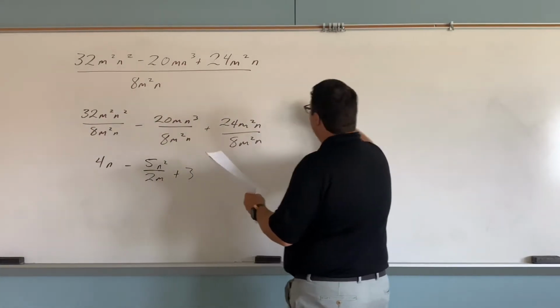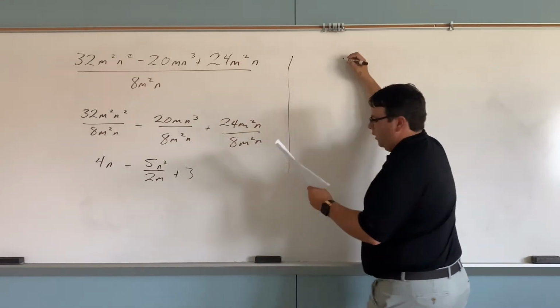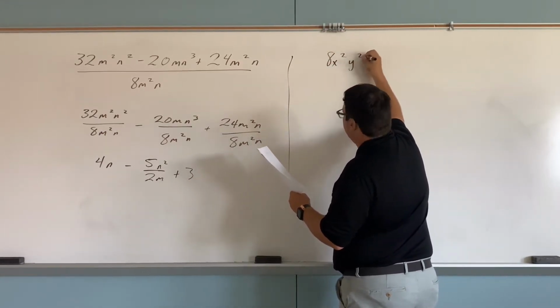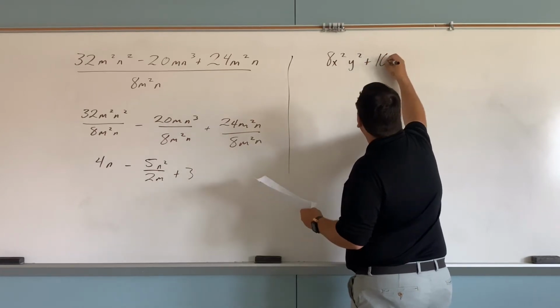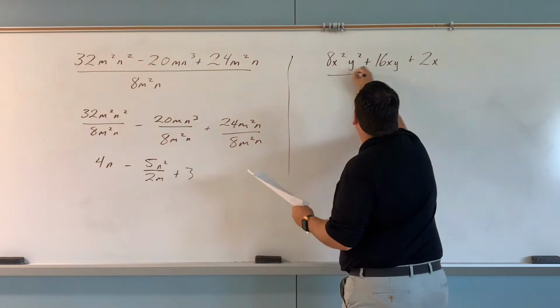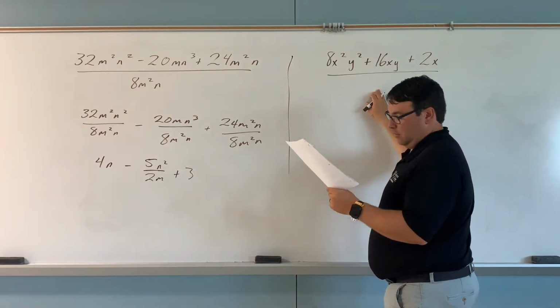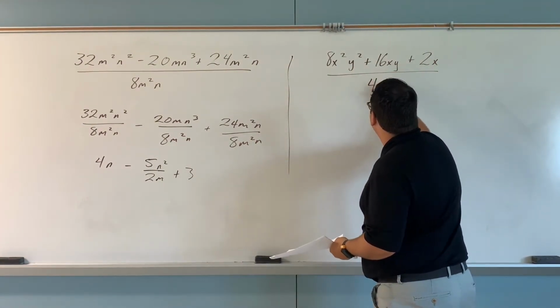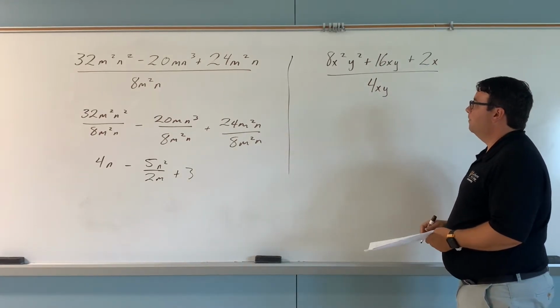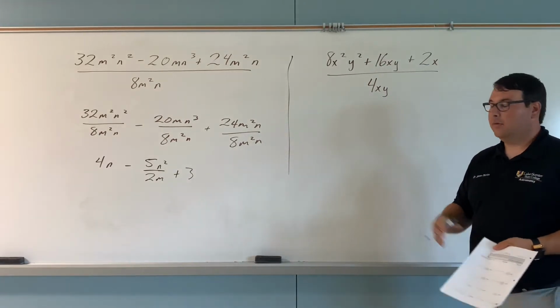And I think I got enough room right here. So I have 8x squared y squared plus 16xy plus 2x, and I am dividing this by 4xy. Now, same thing.